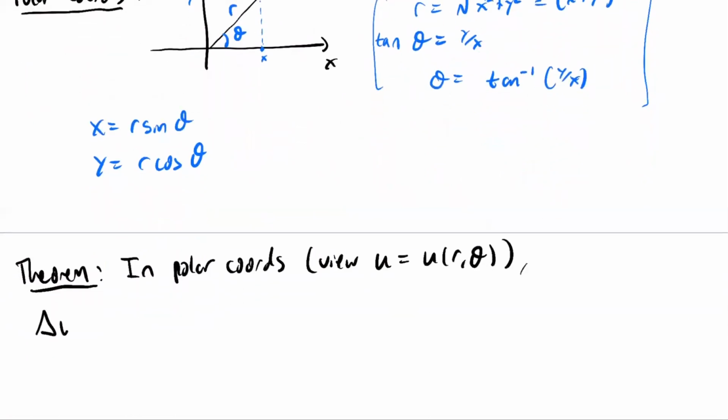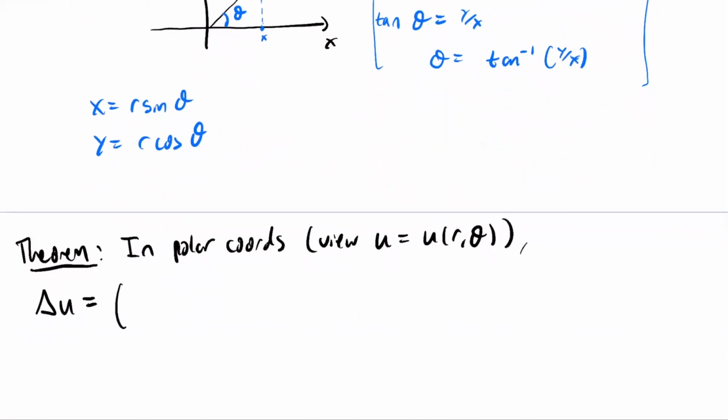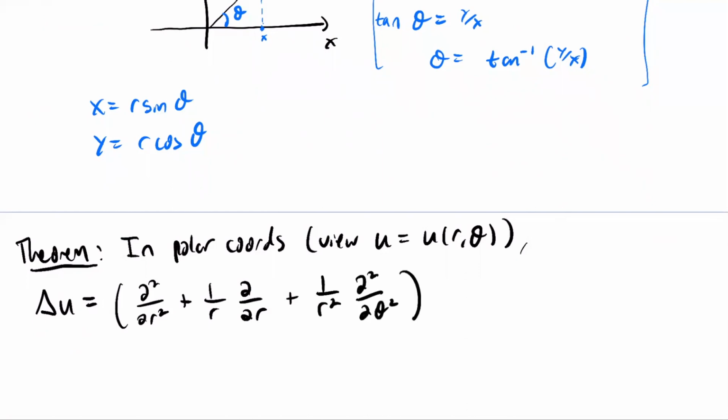The Laplacian of u is given by, well, you have the second derivative with respect to r, and then plus 1 over r times the first derivative with respect to r, and then you have a term corresponding to theta. You have 1 over r squared times the second derivative with respect to theta.